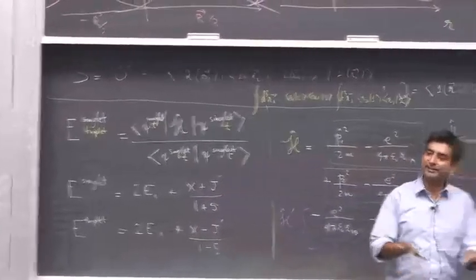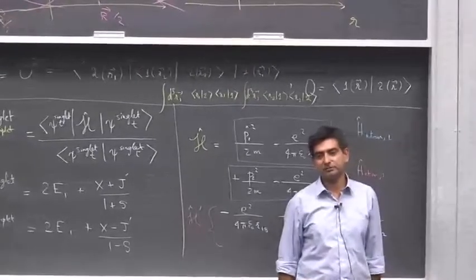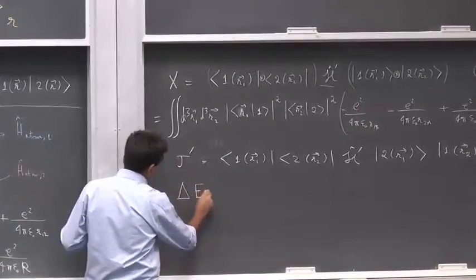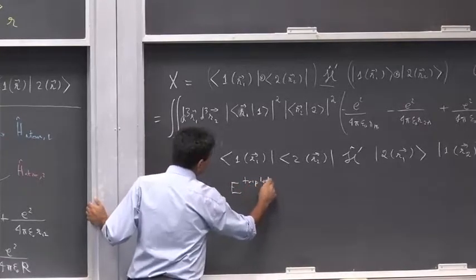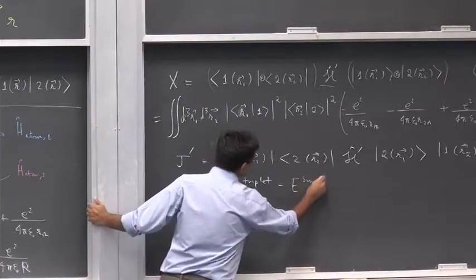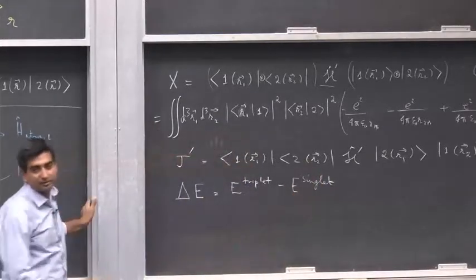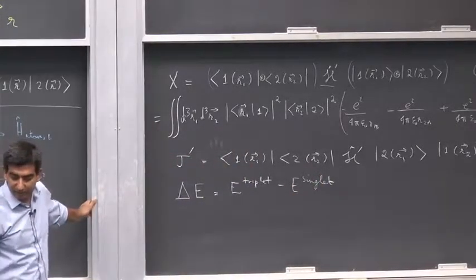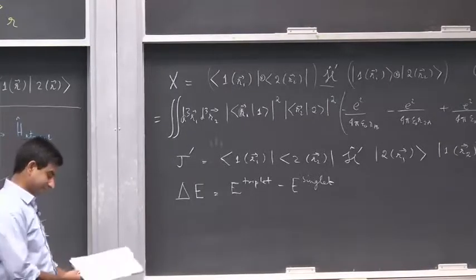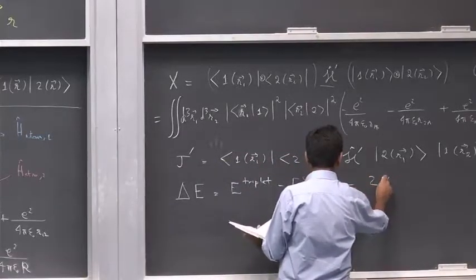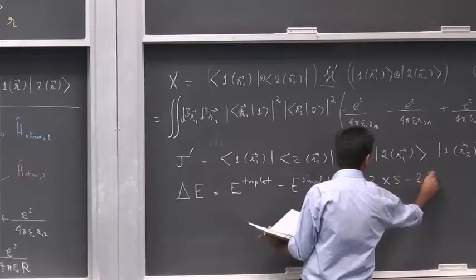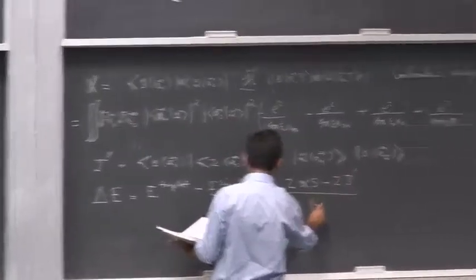Now if you subtract these energies, it turns out that the singlet state is lower in energy. So if I subtract out these energies, delta E, I can find out the relative energies, the triplet minus the singlet energies. This turns out to be positive, which means that the singlet is now lower in energy. And this equals two times K minus 2J prime over 1 minus S squared.